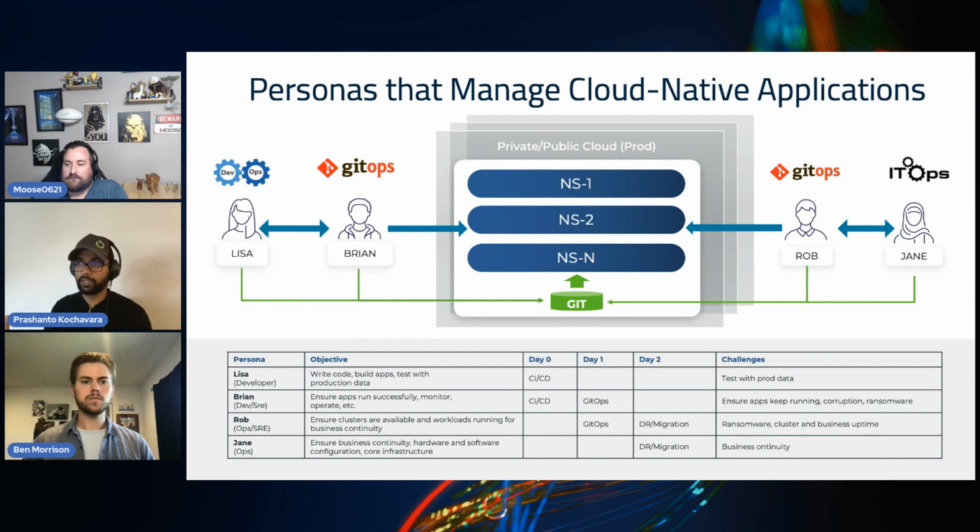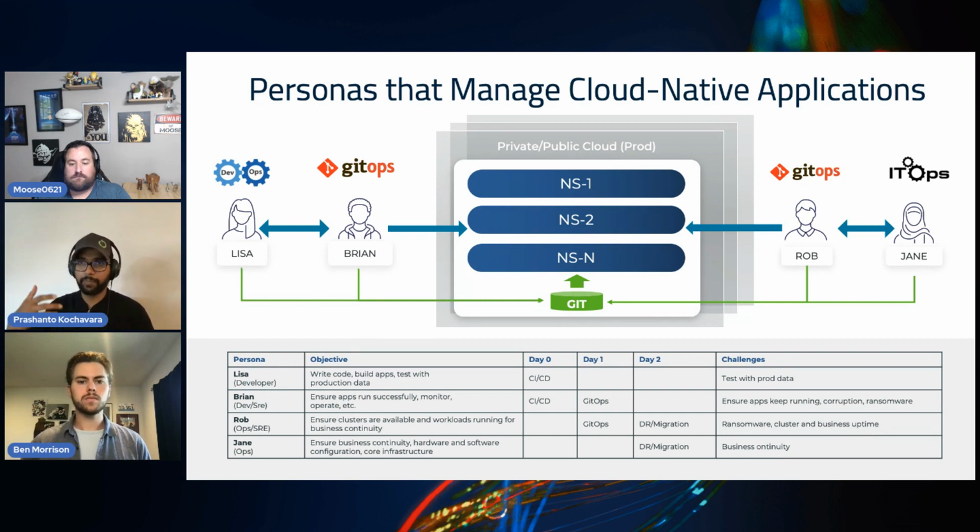And obviously what they do is they leverage a lot of infrastructure as code, right? Their infrastructure as code is placed within the Git repository itself, so in GitHub. And they not only have Lisa's development code over there, Brian's deployment code, and Rob's deployment code for deploying the clusters, but also the application and how it's built. Everything is kept within Git.